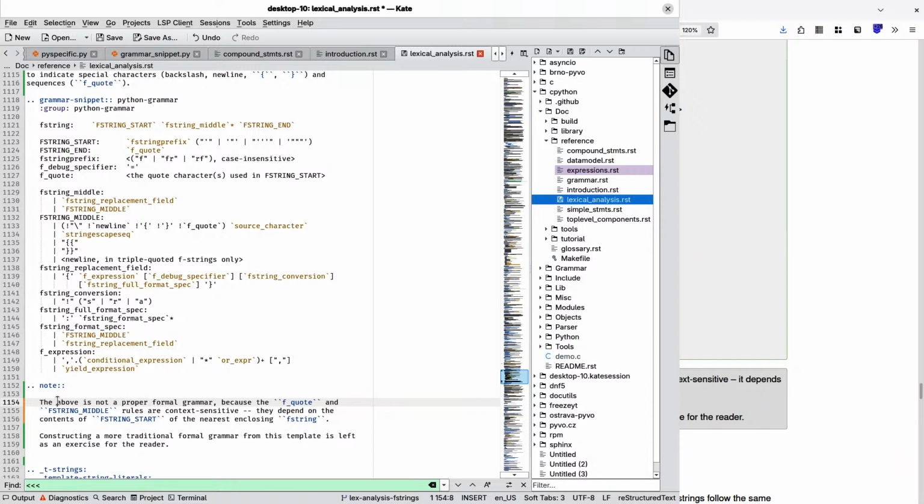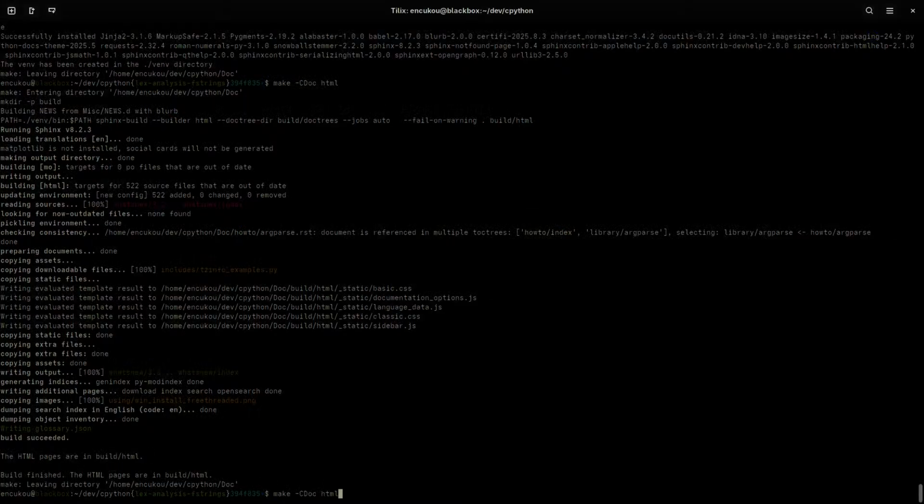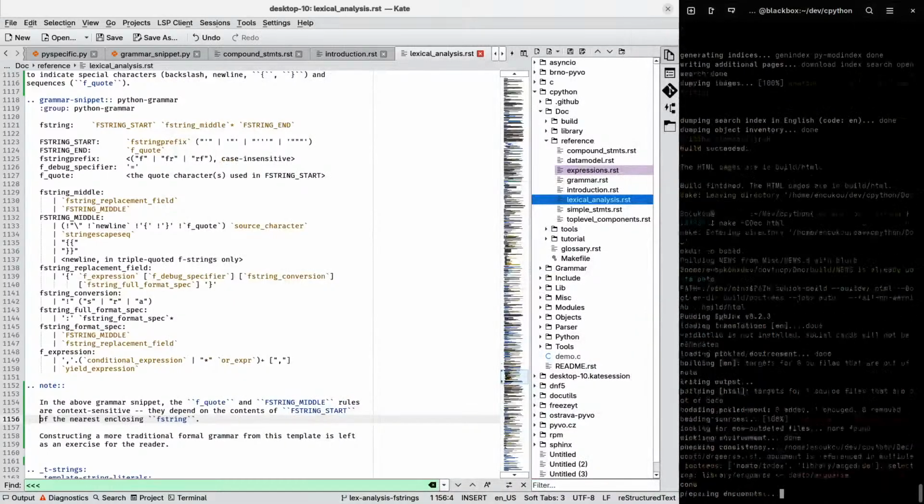So let's just say in the above grammar snippet, the f-string middle rules are context sensitive. Big no-no, of course. And if you know it's a big no-no, this comment is for you.